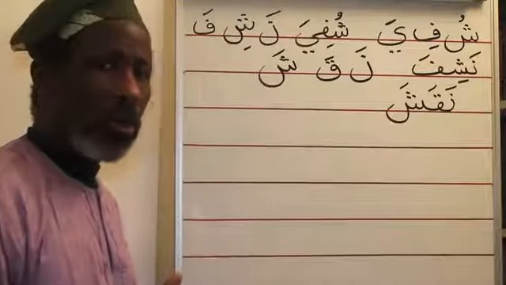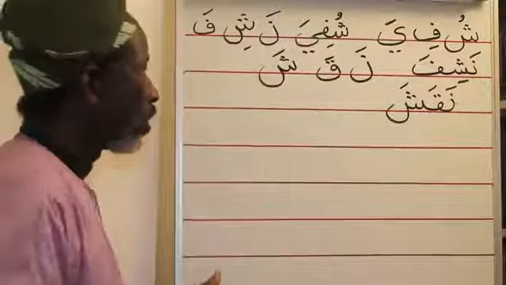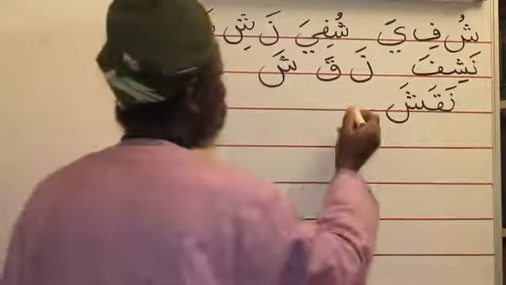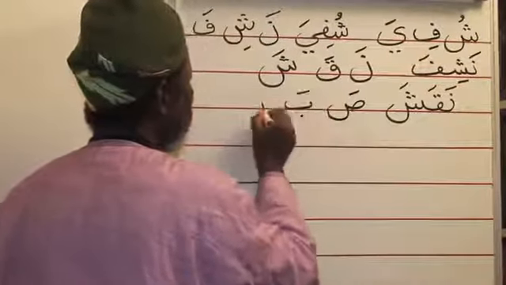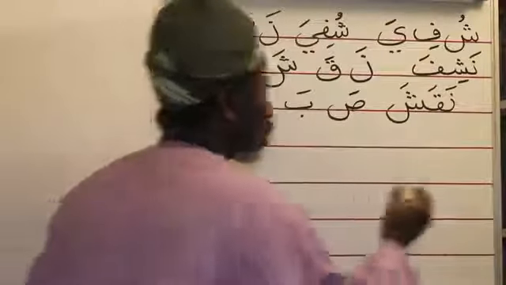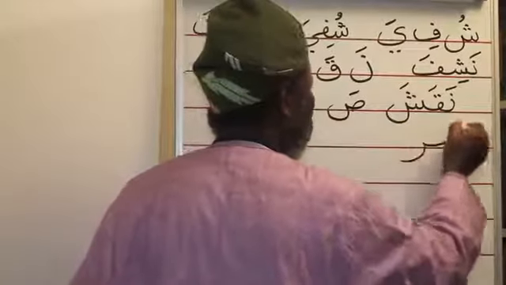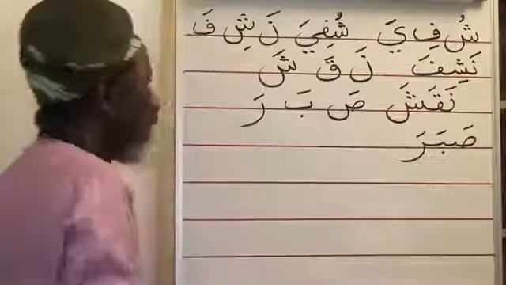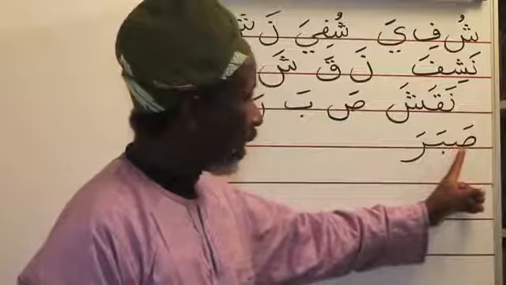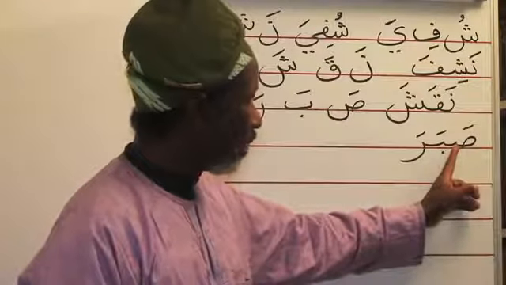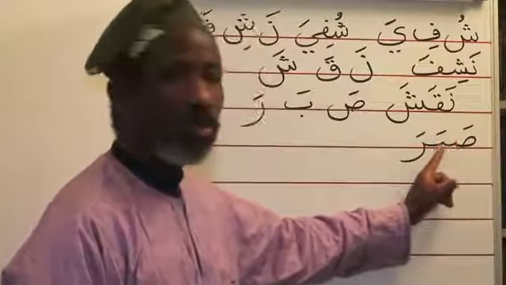Still on page 34, we start letter sod. Sod in the beginning, sobara. So, ba, ra, sobara. Join. Let me call your attention to something. You notice that here I retain this corner of sod before I extend it to make the next letter.